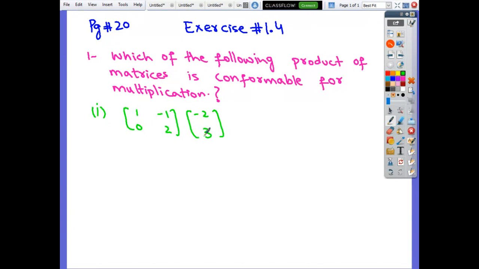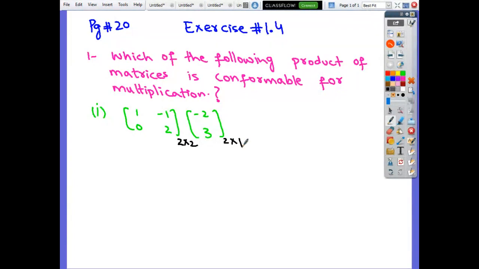Here we only tell which of the products are conformable for multiplication. For this, we check the order of the matrices. The order of the first matrix is 2 cross 2 and the order of the second matrix is 2 cross 1.